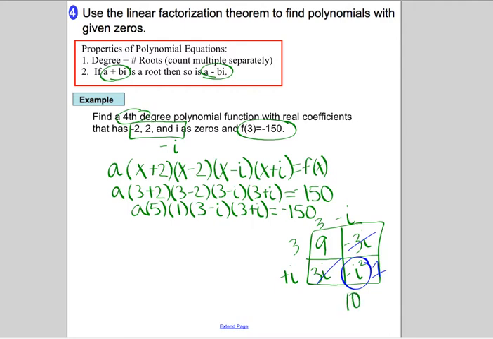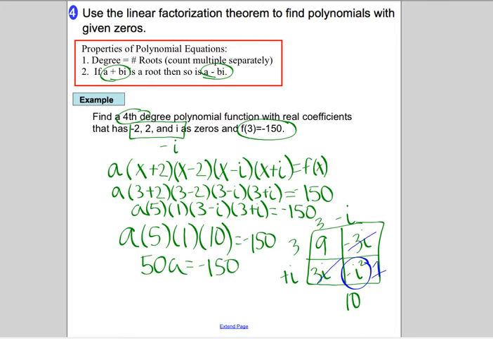So the nice thing here is that those two multiply together, just multiply to make 10. So that equals negative 150. We've got 50a equals negative 150.